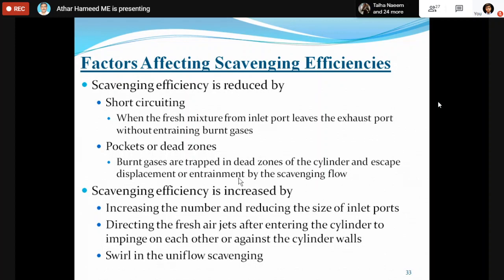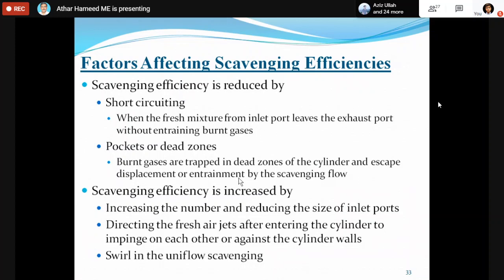In either case, we have to place a wall at the top of the cylinder, which we make either an exhaust wall or an inlet wall. If it is made an exhaust wall, then the inlet ports will be at the bottom dead center. If it is made an inlet wall, the exhaust port will be at the bottom of the cylinder. So in any case, uniflow will be there.